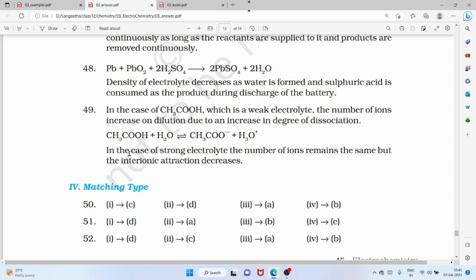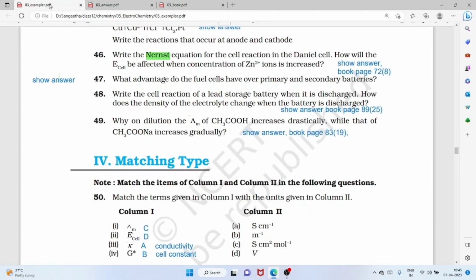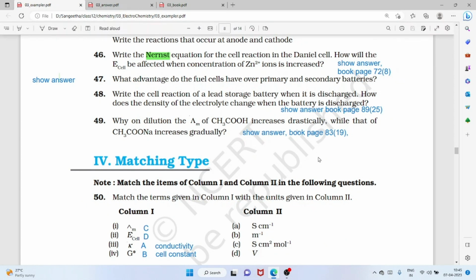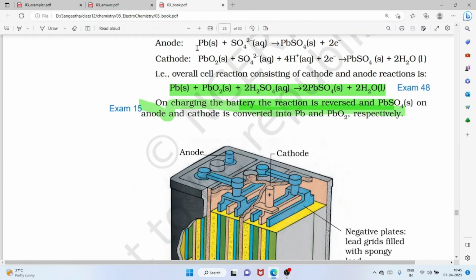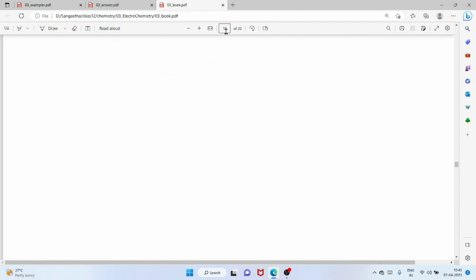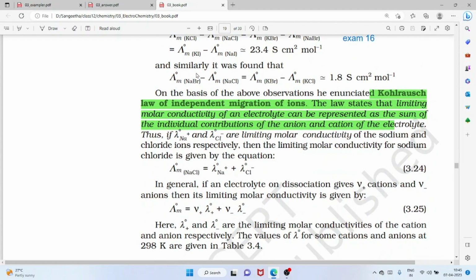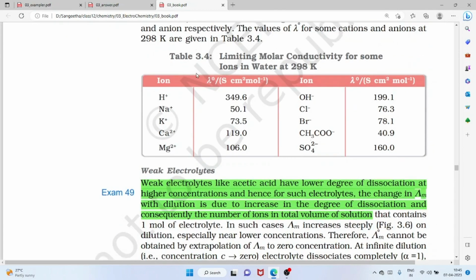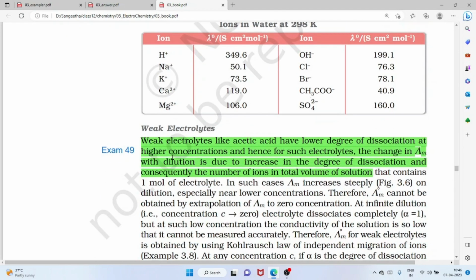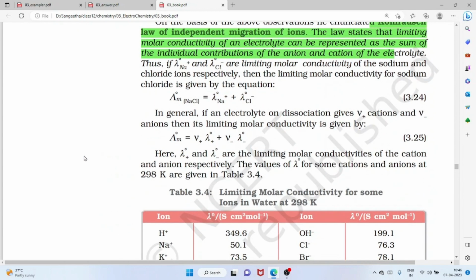In the case of a strong electrolyte, the number of ions remains almost the same. I already showed you that graph. This is how strong electrolytes and weak electrolytes behave.